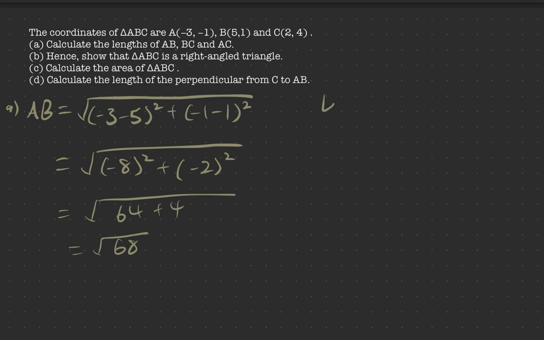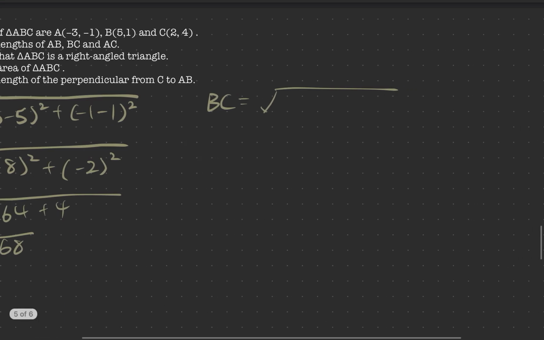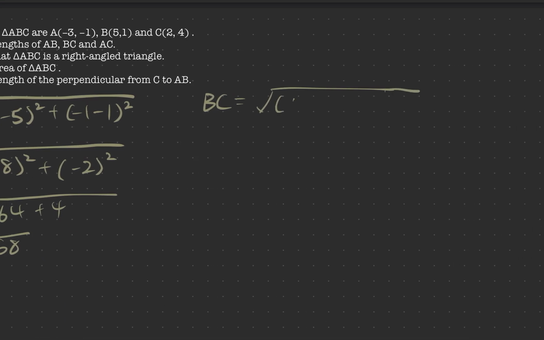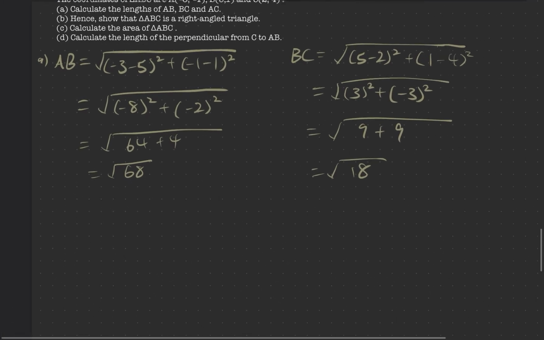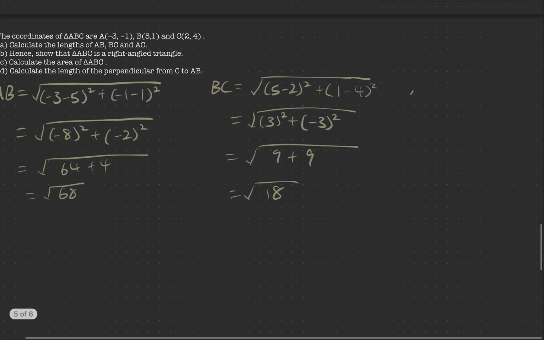What about BC? BC is square root 18, and AC, lastly AC.